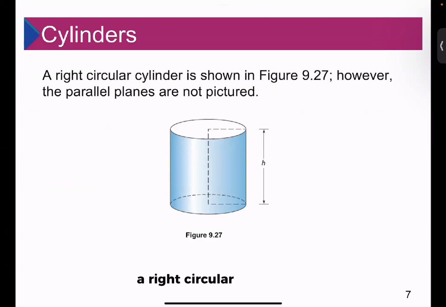A right circular cylinder is shown in figure 9.27. However, the parallel planes are not pictured. So here, we can have plane 1 and plane 2. You have the two bases, which are circles, and you have the altitude, which is your height.